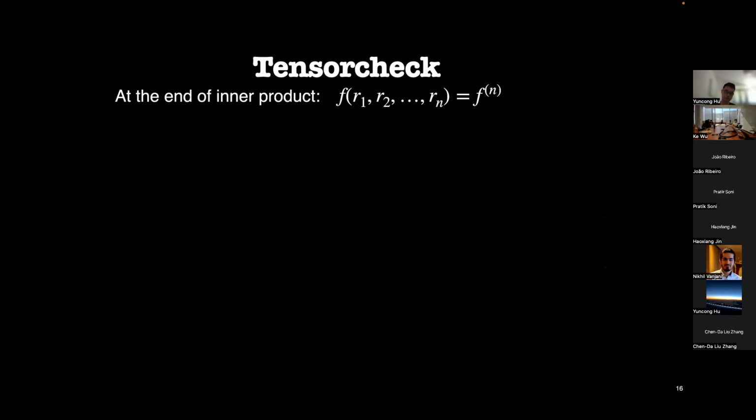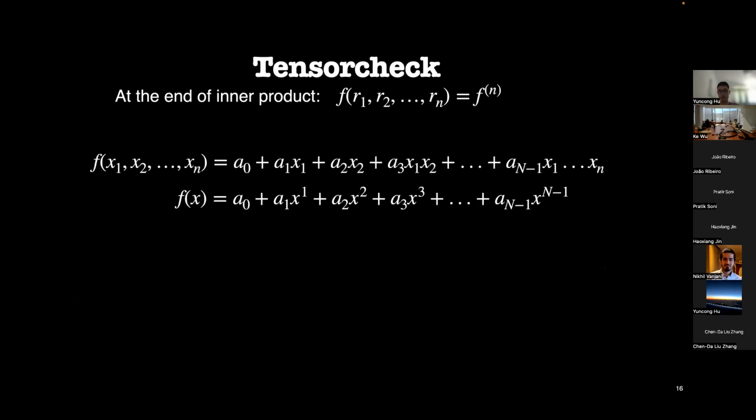To reduce this multivariate polynomial query to a univariate query, we find a mapping between the multivariate polynomial and the univariate polynomial. Here are two polynomials: the first one is multivariate, and the second one is univariate. Both of them have identical coefficients, A0, A1, A2, and so on, in some identical locations.